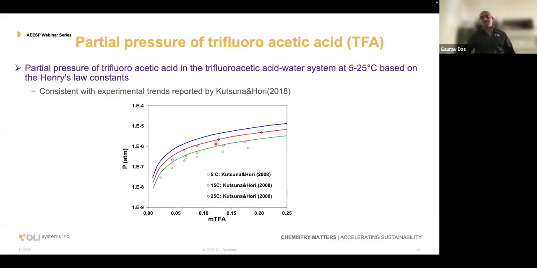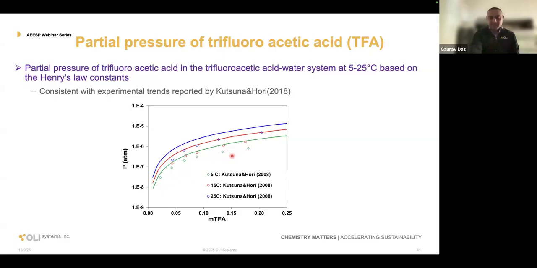Then the partial pressures of trifluoroacetic acid. As I mentioned, compared to Bowden, we chose Kasuna and Hori because there is other literature that validated this data. Although we didn't produce a very good representation of the experimental data, it's only qualitative and shows the correct trend with the change in temperature from 5 to 25 degrees Celsius.